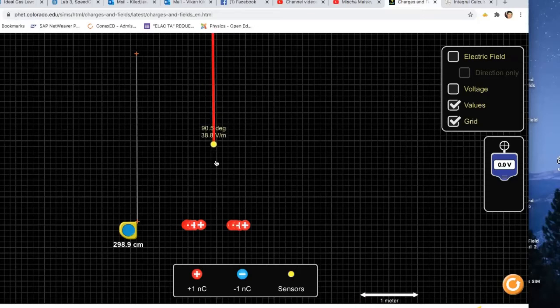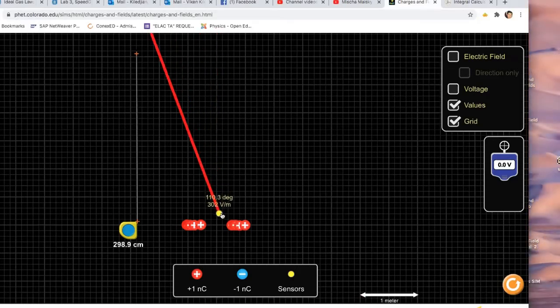Now, what if I go closer? What was the answer when I was 10 centimeters away? Like 1700, 1800, right? I think the drop in the electric field is going to be more noticeable when I'm close. Remember, the electric field 50 centimeters away was 200.